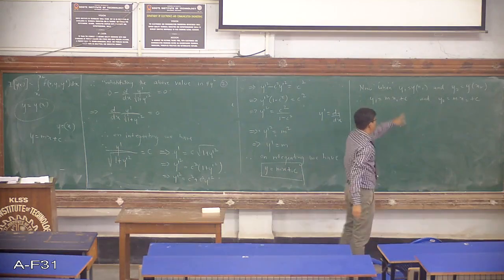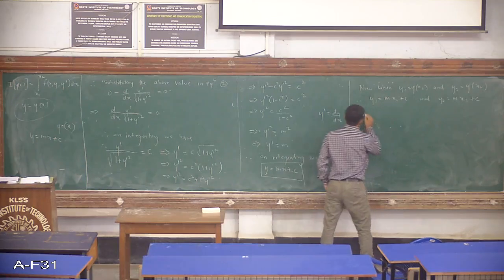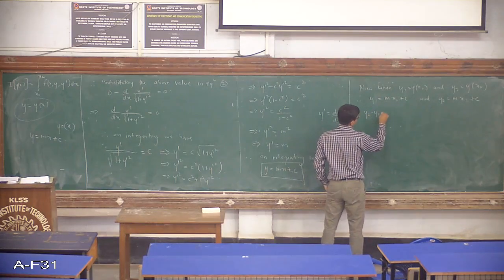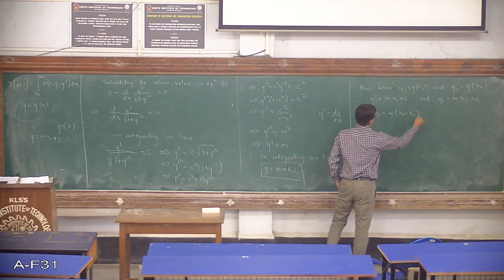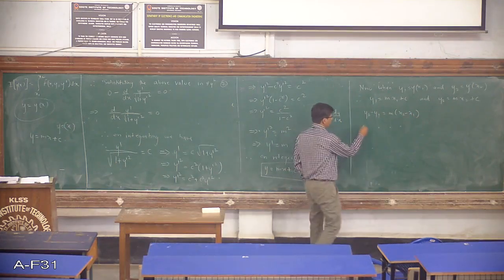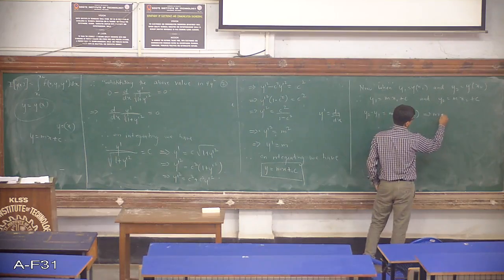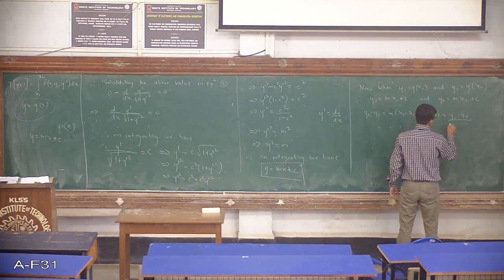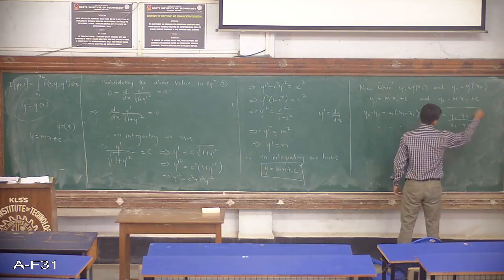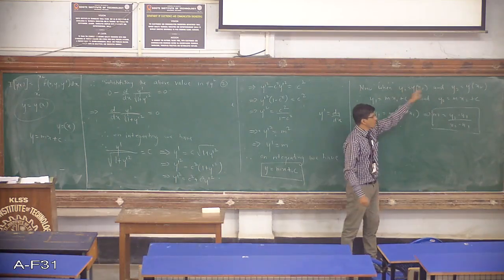Now if you subtract these two equations, I get y2 minus y1 is equal to m times x2 minus x1. So m is nothing but the slope, m is equal to y2 minus y1 divided by x2 minus x1. This is the slope which you get after substituting.